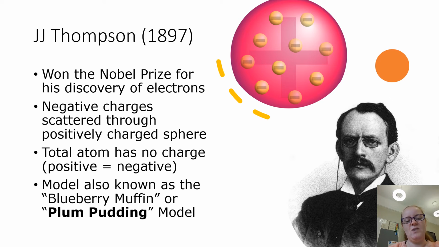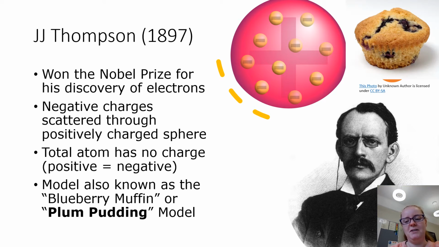This is known as the blueberry muffin or plum pudding model, because basically we're saying the electrons are like the blueberries in this muffin here. They are interspersed throughout it. You can see some on the edge, you know there's more inside, and they are all negatively charged, and the muffin itself is positively charged.